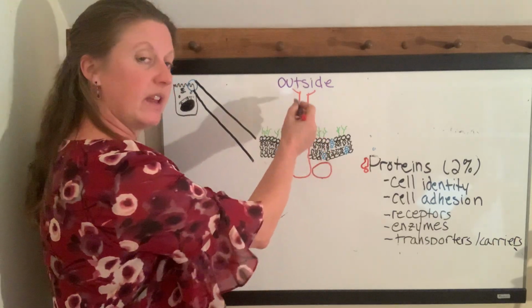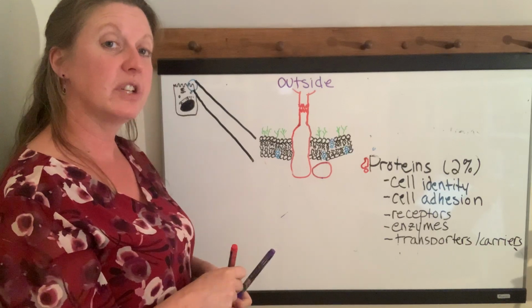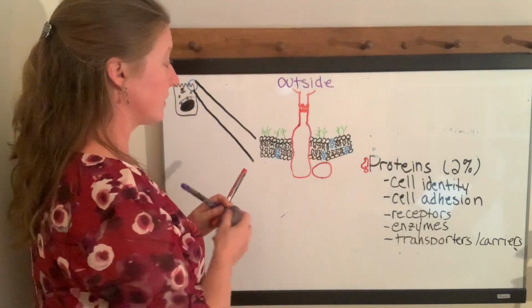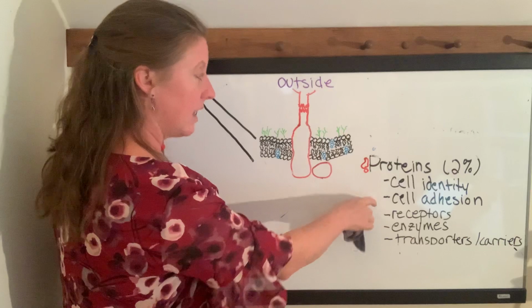If we didn't have cell adhesion molecules or things to hold the cells together, we could not have tissues, at least not the tissues that form layers or clusters. All right, so we have cell identity, cell adhesion.